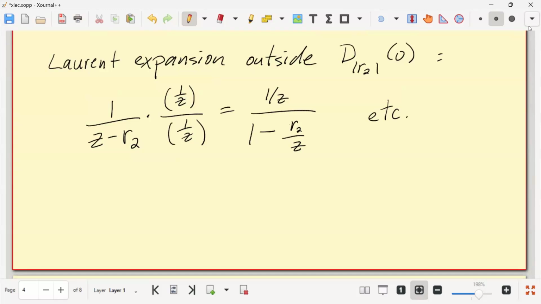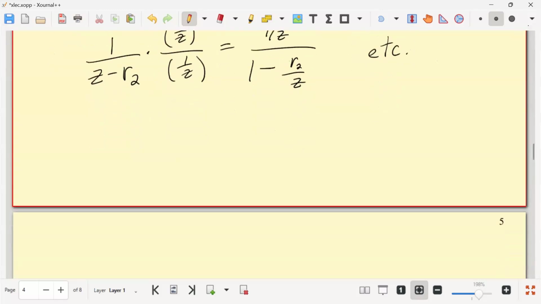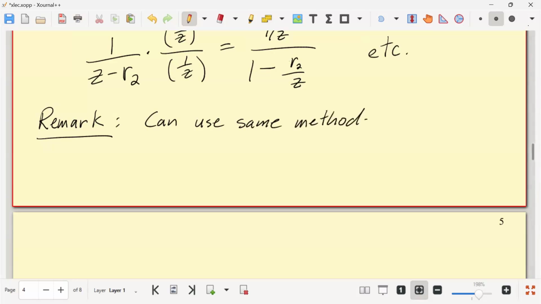By the way, I guess I should remark that this basic technique, using the same methods, can be used to get Laurent expansions for any old rational function.